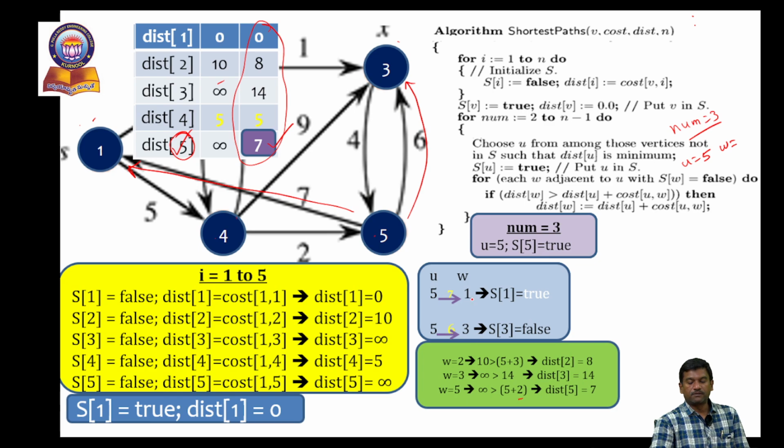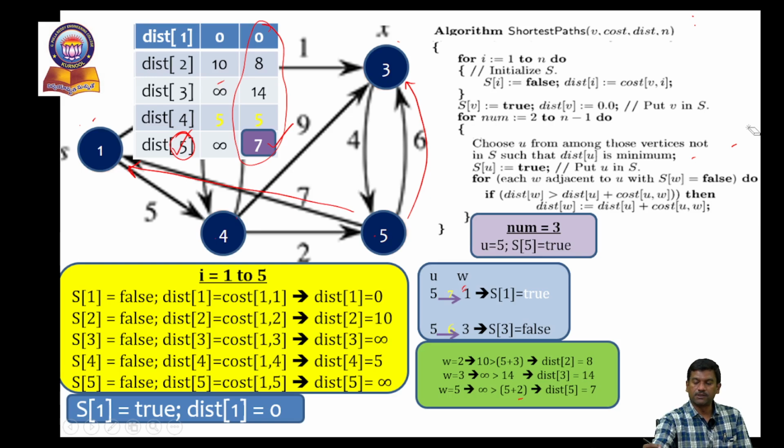So 5 to 1 with the cost equal to 7, 5 to 3 with the cost equal to 6. Check whether S of w is equal to false. What is the value of w in this scenario? That is w equal to 1. So already we have considered it.